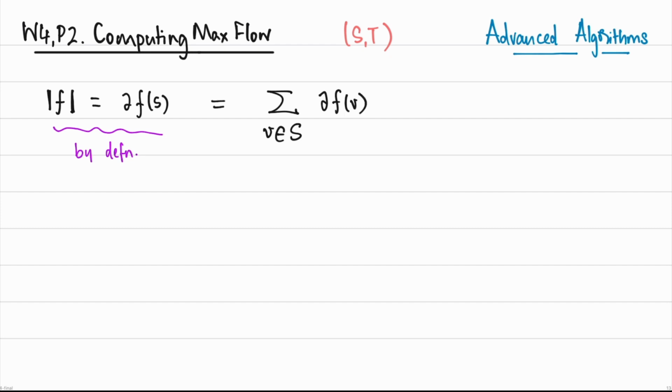Notice that because the source belongs to S, this term is there in this summation, and all the other terms are 0 because, well, it's a flow, so it satisfies the conservation constraint for any vertex that is not S or T, and we know that T does not belong to S, so all the other vertices that are present in the sum must actually obey the conservation constraint, and therefore here what we have just done is we have added some zeros, and that's just by conservation.